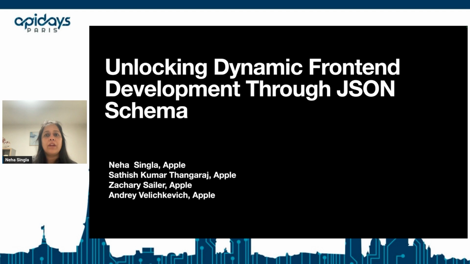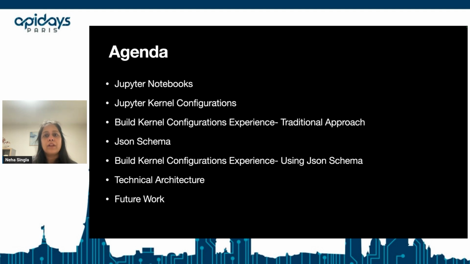Today we are going to talk about unlocking dynamic front-end development through JSON schema. So today we are going to cover these topics. We'll start by spending some time giving a brief overview on Jupyter notebooks. We'll understand what Jupyter kernel configurations are.